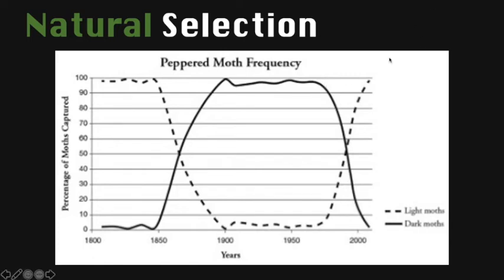Well, what happens here is that the population of black moths starts to plummet because now they stick out like a sore thumb, and the number of white moths goes up because they now blend in with their environment. So, that's natural selection for you. Hopefully, I've given you enough to really grasp the idea. It's not a difficult idea, but it is one that is central to understanding biology.